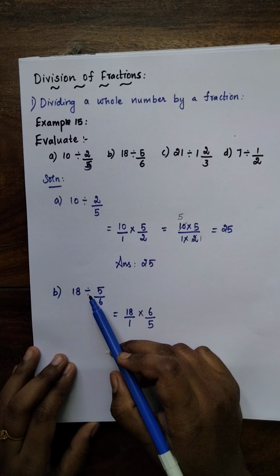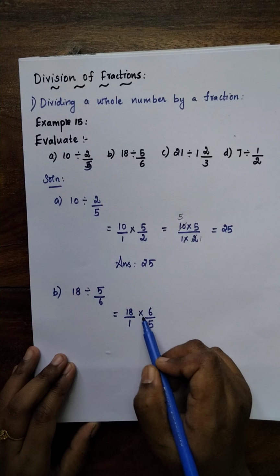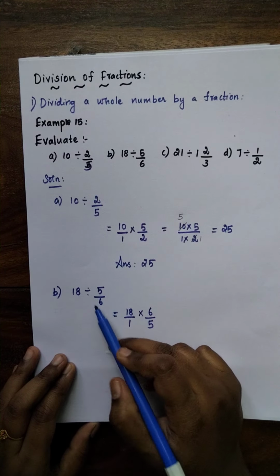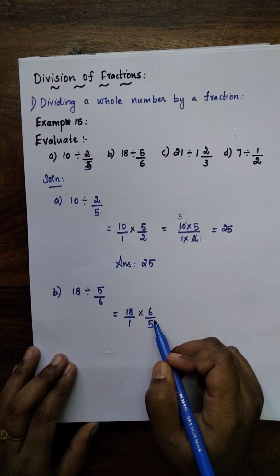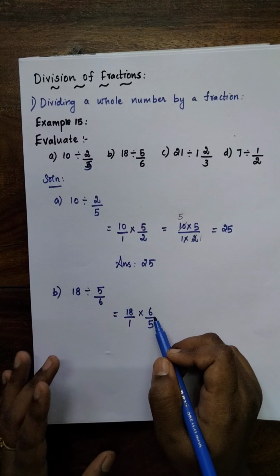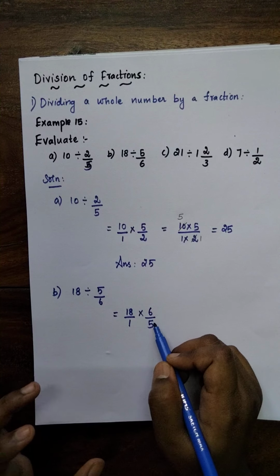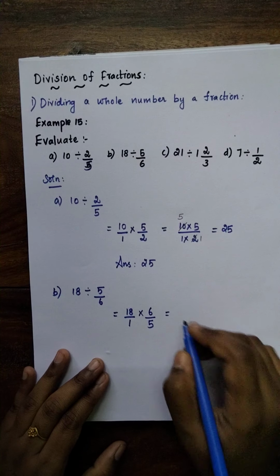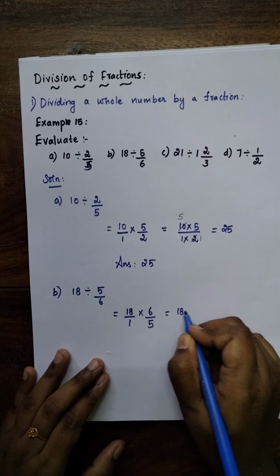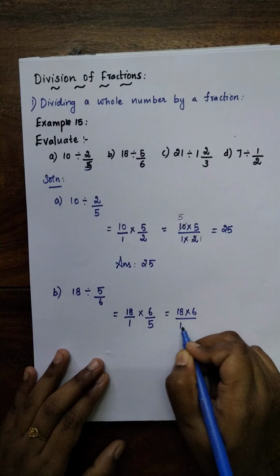Then change the division symbol into a multiplication symbol. Next take the reciprocal of the fraction 5 by 6, which is 6 by 5. Next multiply the fractions, 18 into 6 divided by 1 into 5.